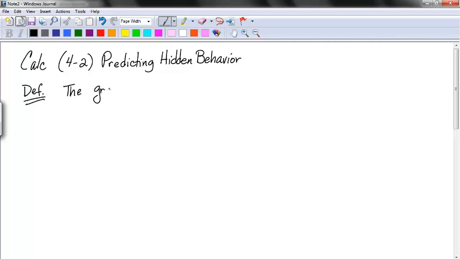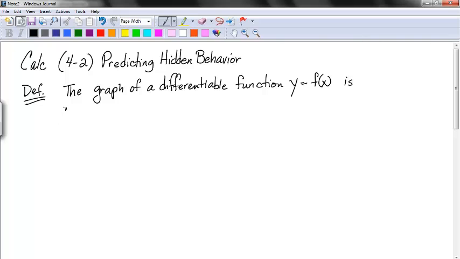The graph of a differentiable function y equals f of x is concave up on the interval where the first derivative, where the y prime, is increasing.